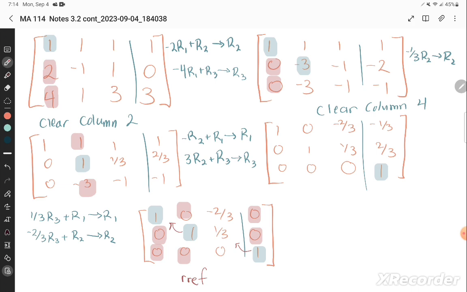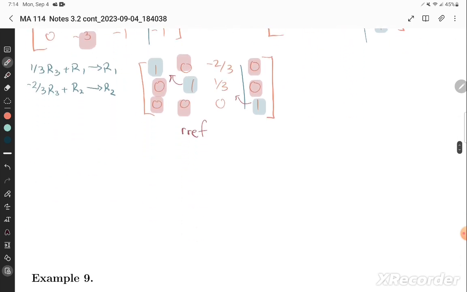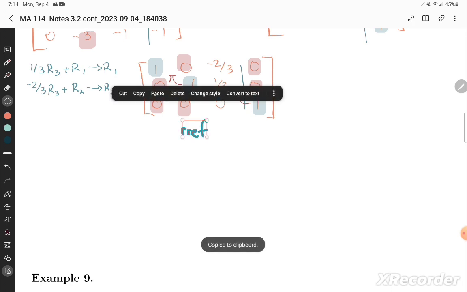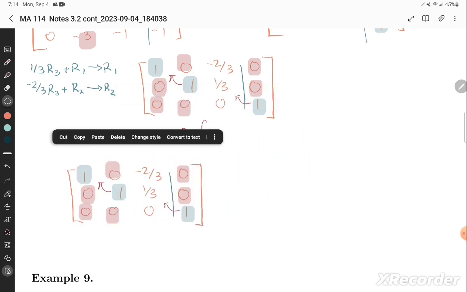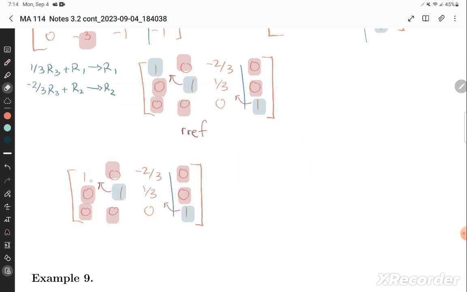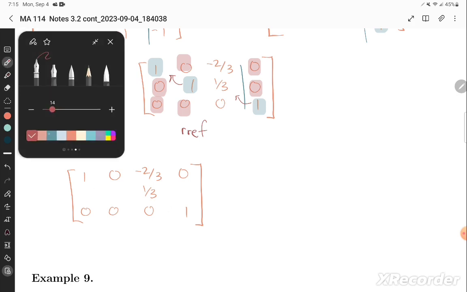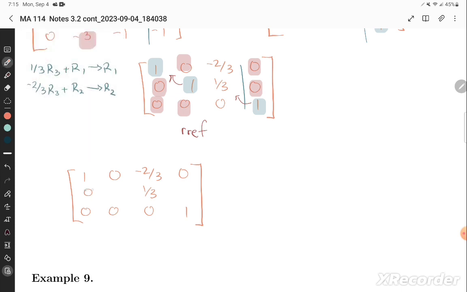However, this poses a problem in terms of my original equation, because let me paste it down here, and let's recall what it means for my augmented matrix. So this is my augmented matrix, remember that.